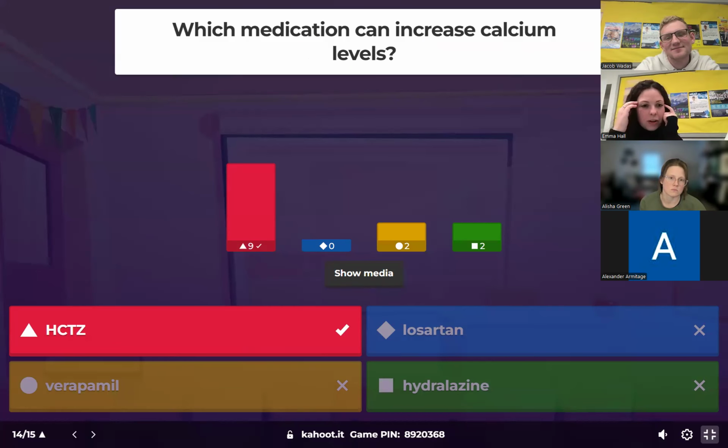Hydrochlorothiazide. So don't let this trip you up, because I know it's a thiazide diuretic, and we usually associate that with the hypos, like hyponatremia, hypokalemia. But remember, this is the one where if we have a history of gout, we're not going to use it, and it can actually increase calcium levels. So remember those two as different than the other lab values that you may see.